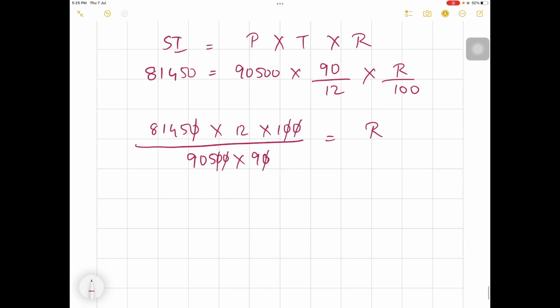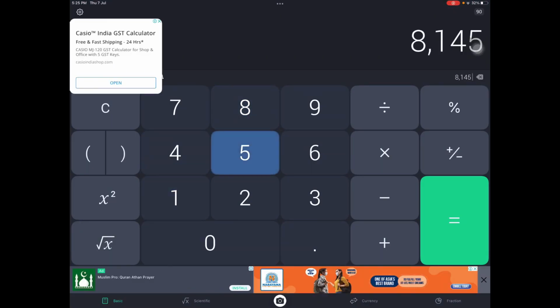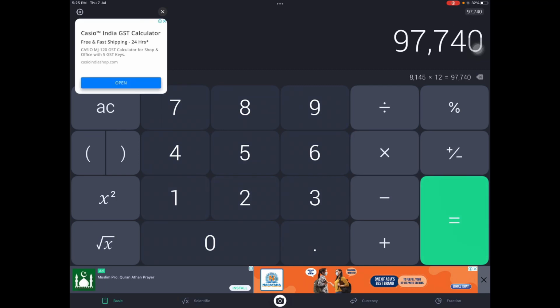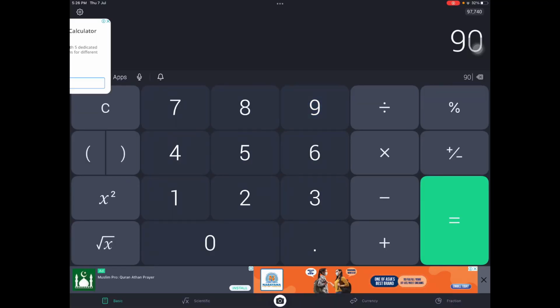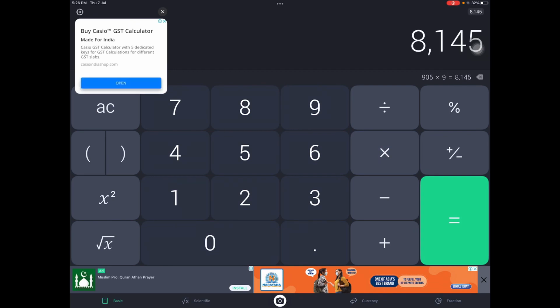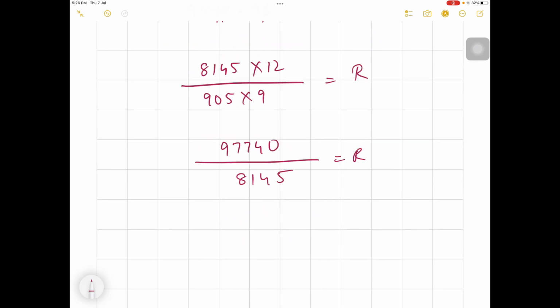So what is remaining? 8145 into 12 divided by 905 into 9. 8145 into 12 is 97740. 97740 divided by 905 into 9, and 905 into 9 is 8145. Now 97740 divided by 8145.